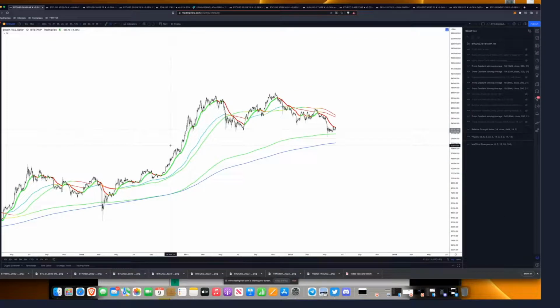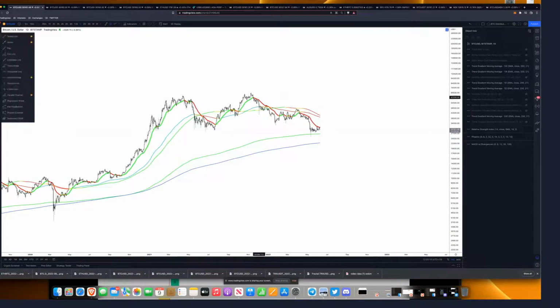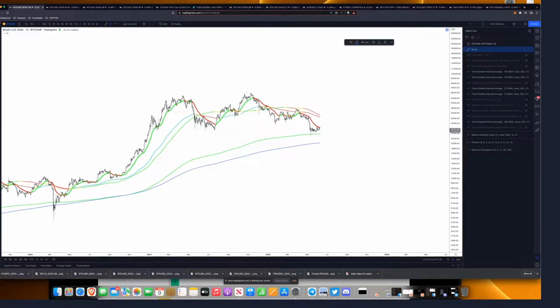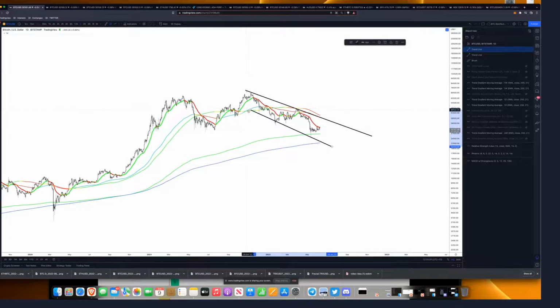Bitstamp, yep. We can also look at a trend line. That's going to act like resistance. And if anything, we've already got this. So we could be playing in there.